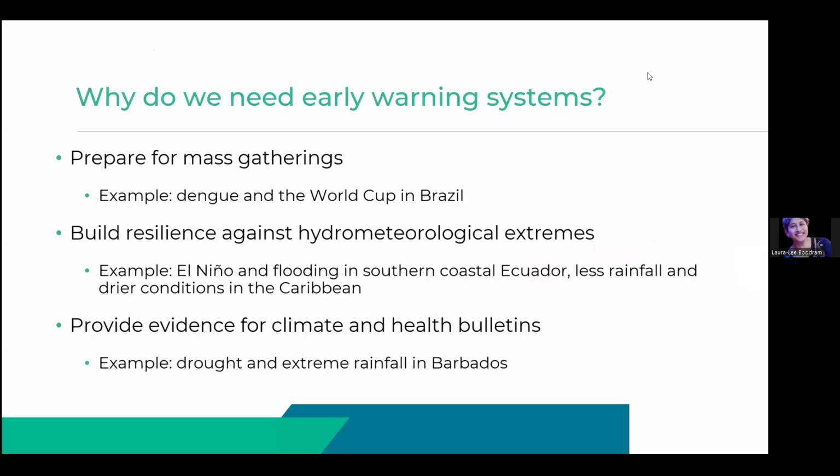So during, well, not this current World Cup, but the Football World Cup in Brazil some years ago, Dr. Lowe and her team would have started building these dengue early warning systems, again, integrating that climate element.